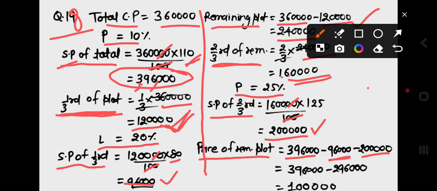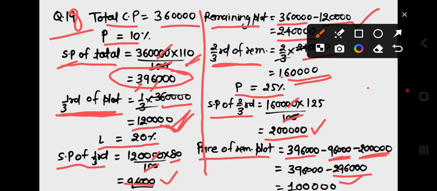So 96,000 plus 2 lakh, if you add this will come 2,96,000. So 2,96,000 subtracted from the total SP 3,96,000, it will come 1 lakh. So the answer of this question is 1 lakh. I hope it is clear to all of you.